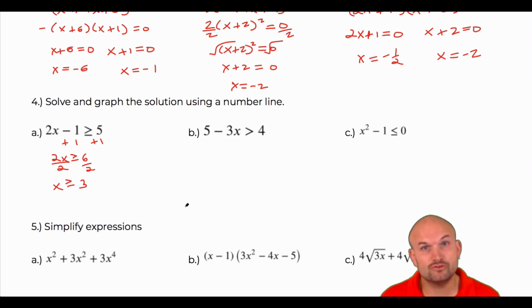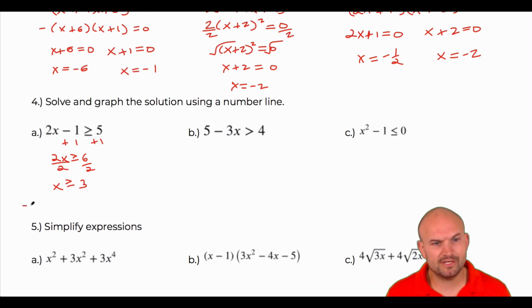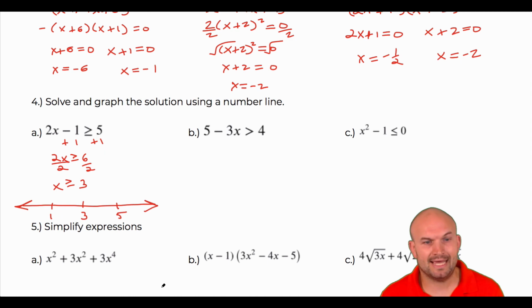All right, so now we need to graph x is greater than or equal to 3. So what we're simply going to do here is create a nice little number line. I'm going to put 3 right in the middle, and I'm going to put 5 to the right and 1 to the left. Numbers to the right are larger, numbers to the left are going to be smaller. And obviously we want x as our solution.